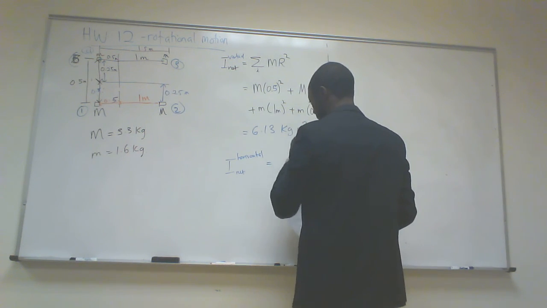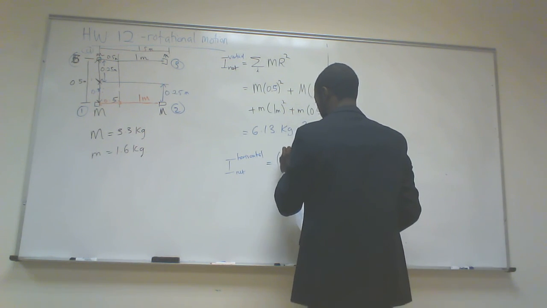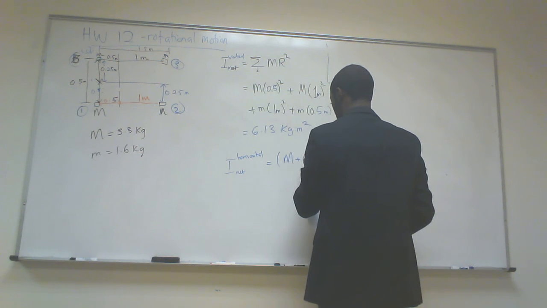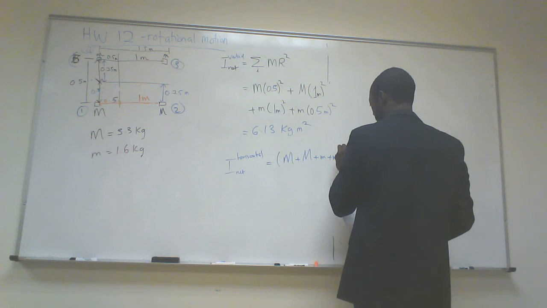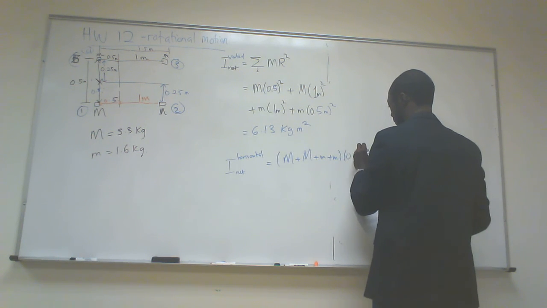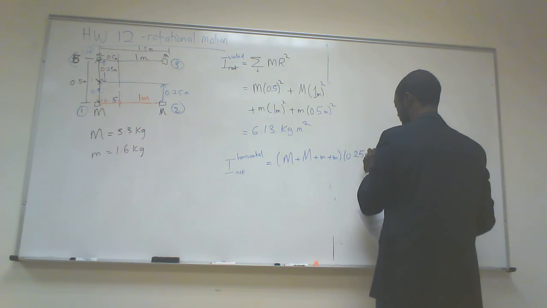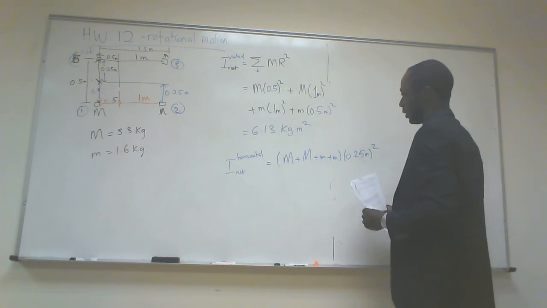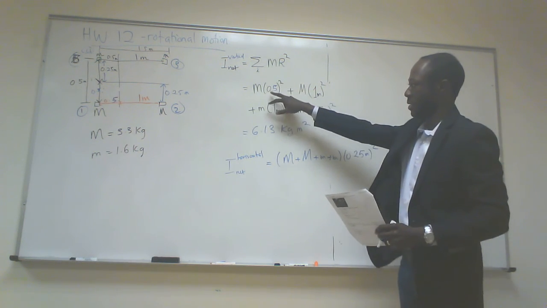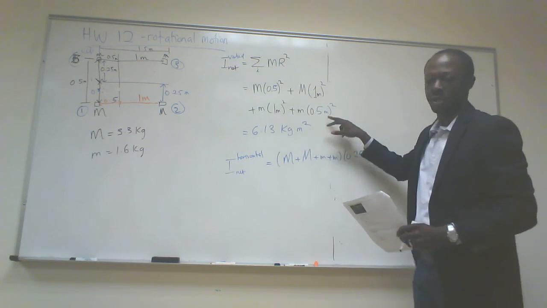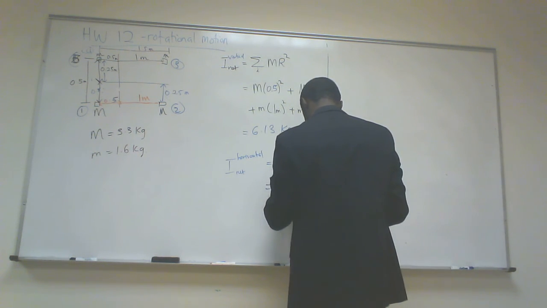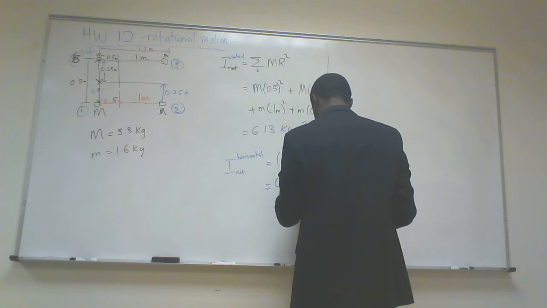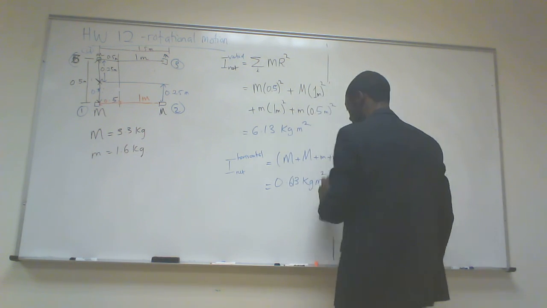So I horizontal will be big M plus small m, all that times 0.25 meters squared. It's just writing out this equation except that the r squared is the same, so I just factor that out. And that gives us a moment of inertia of 0.613 kilograms meters squared.